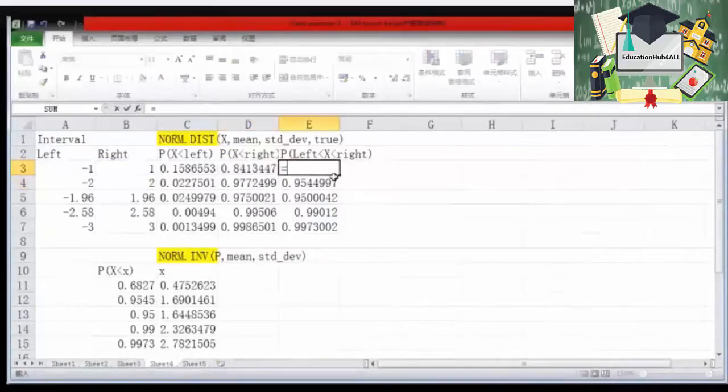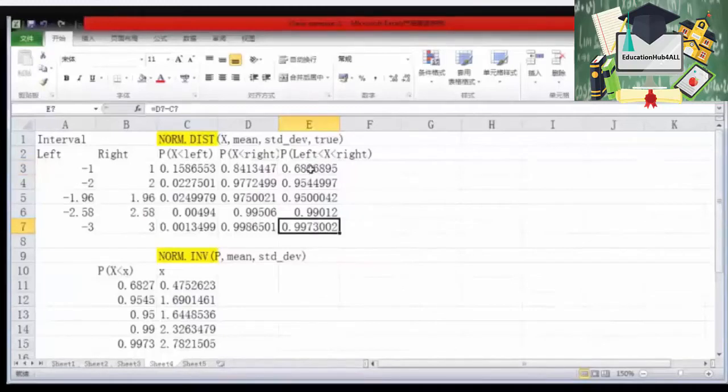And then, of course, as I said, the whole area, you take away the left tail, and then you become something in the middle. This value minus this value gives us the probability. So you can see everything else here.